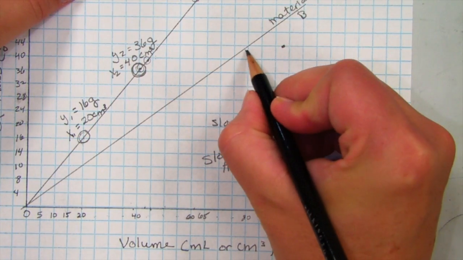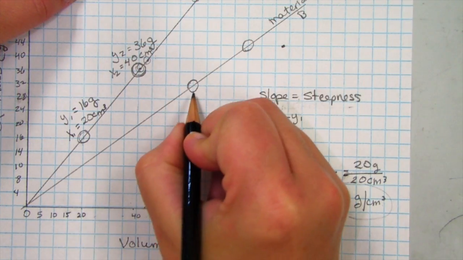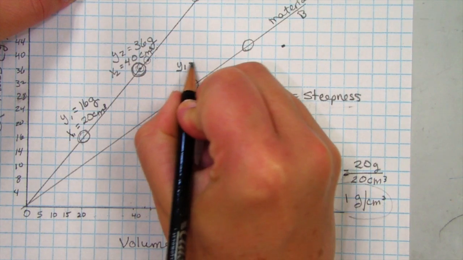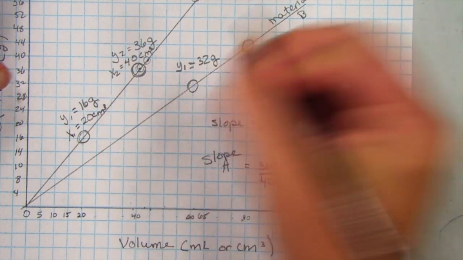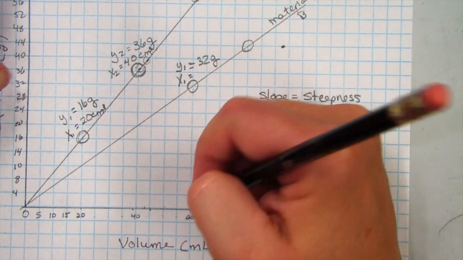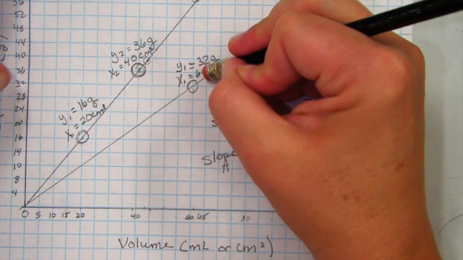So coming along, there's a good point, and there's a good point. So this is my first one along the line. So this one here, my y1 is 32 grams. It's also my first x, 60 centimeters cubed.